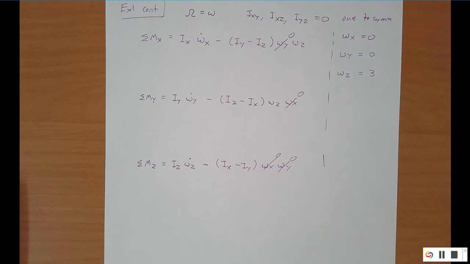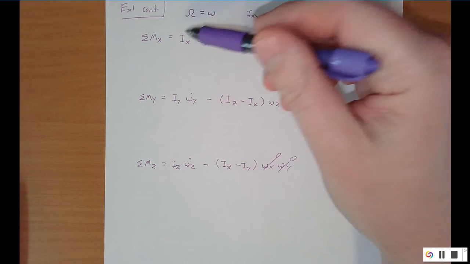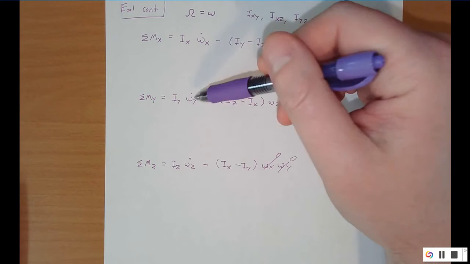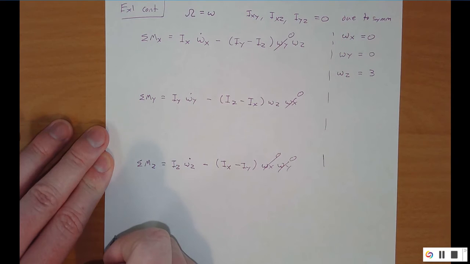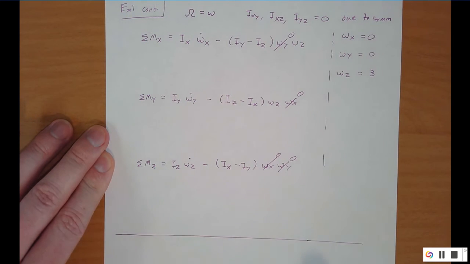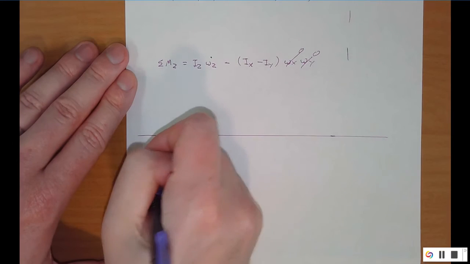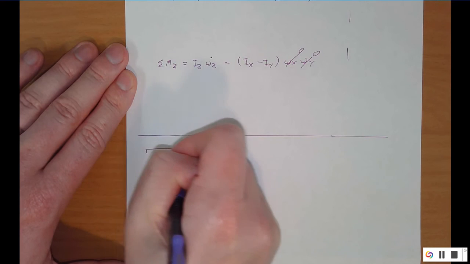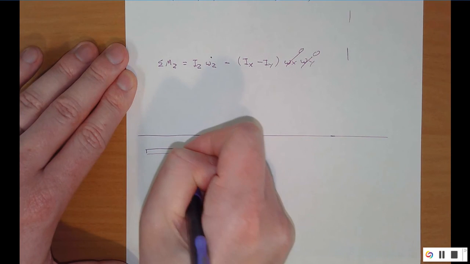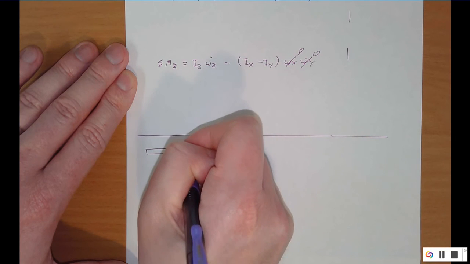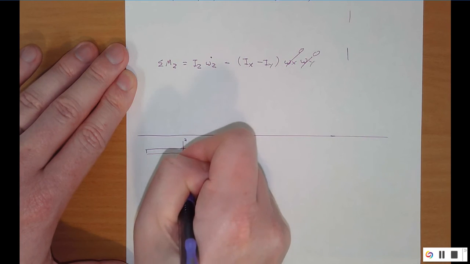Alright, so now we need to go find Ix, Iy, Iz, omega x dot, omega y dot, omega z dot. So let's do that real quick. We'll do that down here and then bring stuff back up. So we have a rod about its center where this is z, and this is y, and this is x.